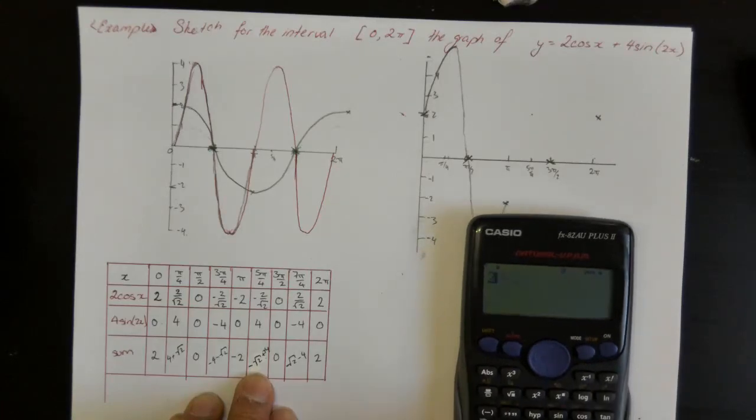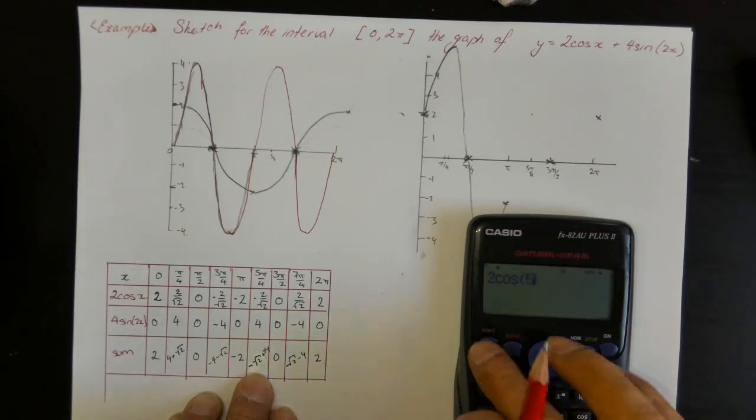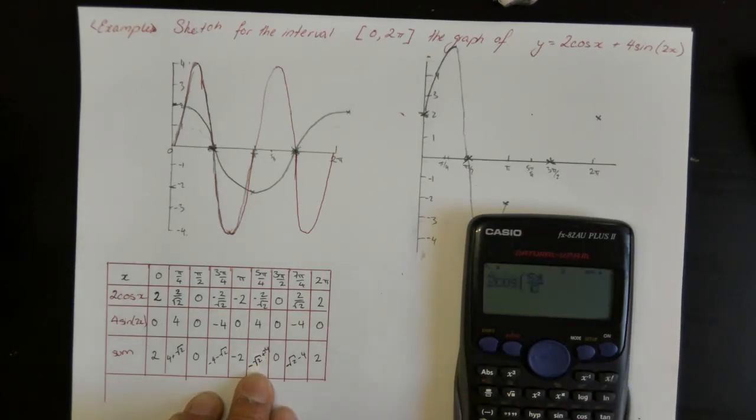So I've got 2 lots of cos 5 pi on 4 plus 4 sine 2 lots of 5 pi on 4. Yep.